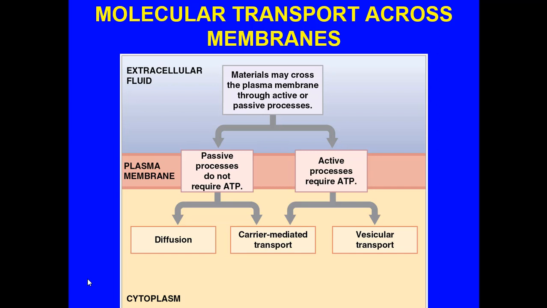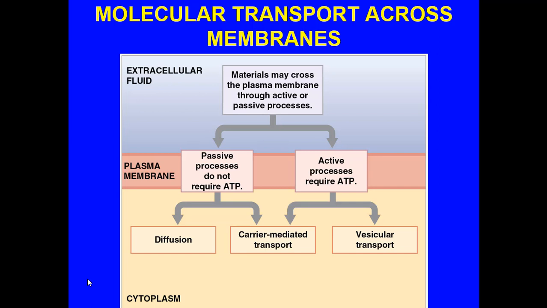Now, when I say carrier-mediated transport, these are proteins that are unique in that they will either grab onto or become tunnels for unique molecules that may be either ions or certain molecules of smaller sizes like glucose, etc.